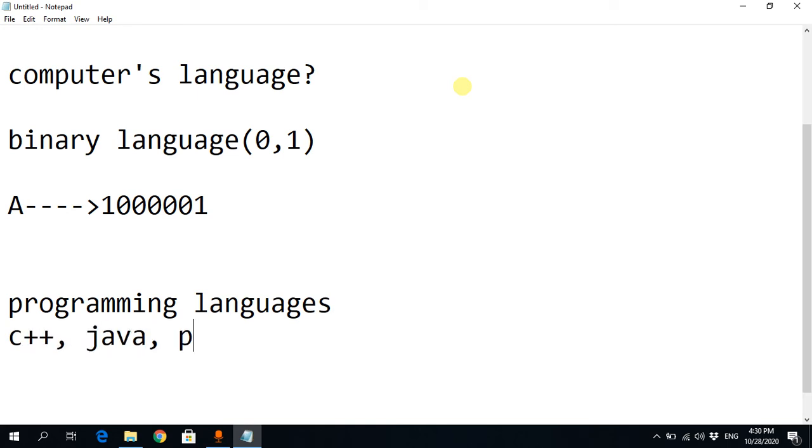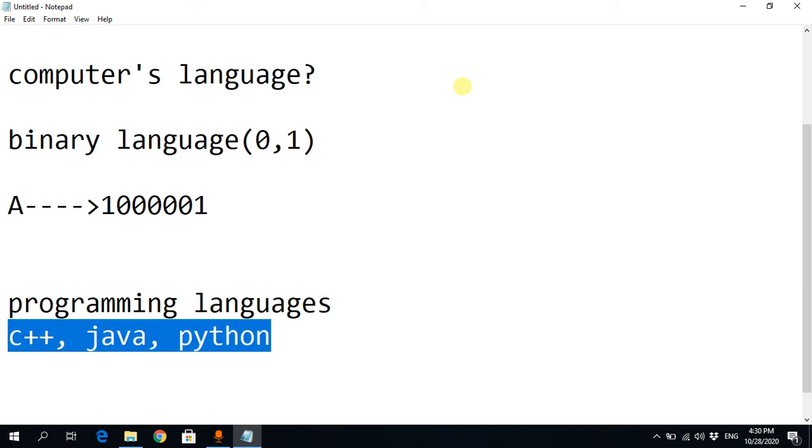These programming languages are very near to our human or natural languages. So we will write our code in a programming language, and then we will need a translator, which is called a compiler. That compiler will translate the code into machine language or computer language, which is binary language.